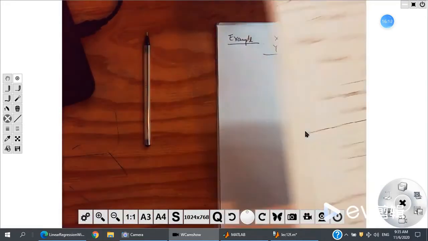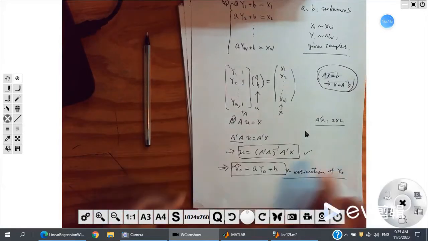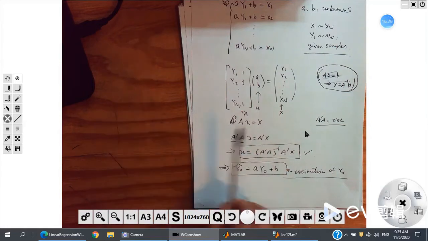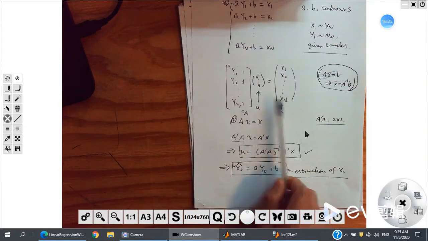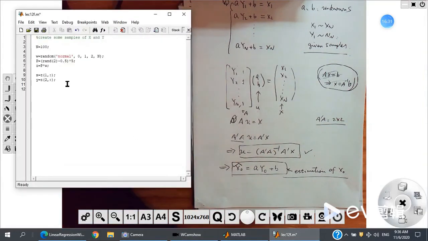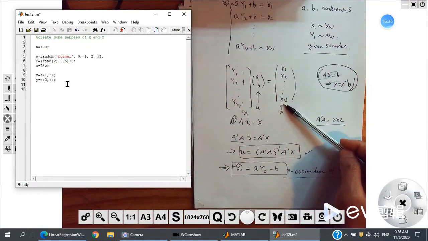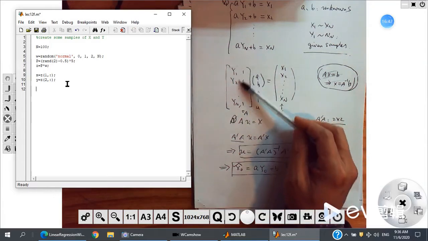Not here. Let's see. Okay, we have the formula here. So first, you need to know A. I need this column as X. We already have X, right? So we just need a column as X. Here my X is a row, and this one I need a row.